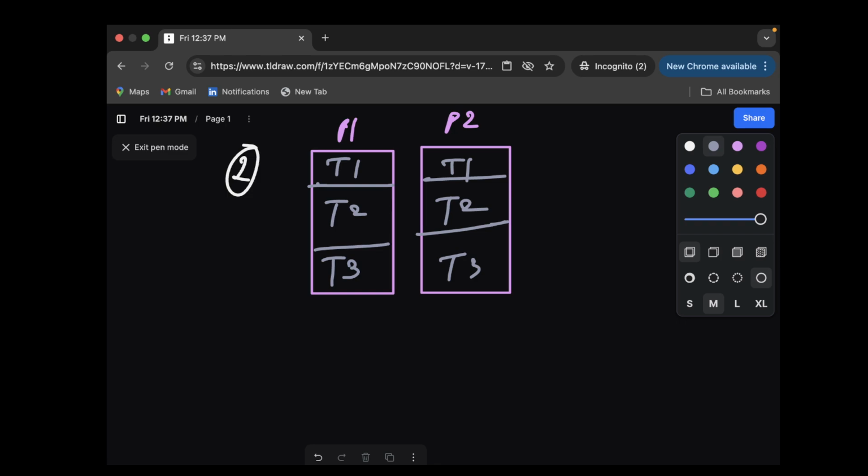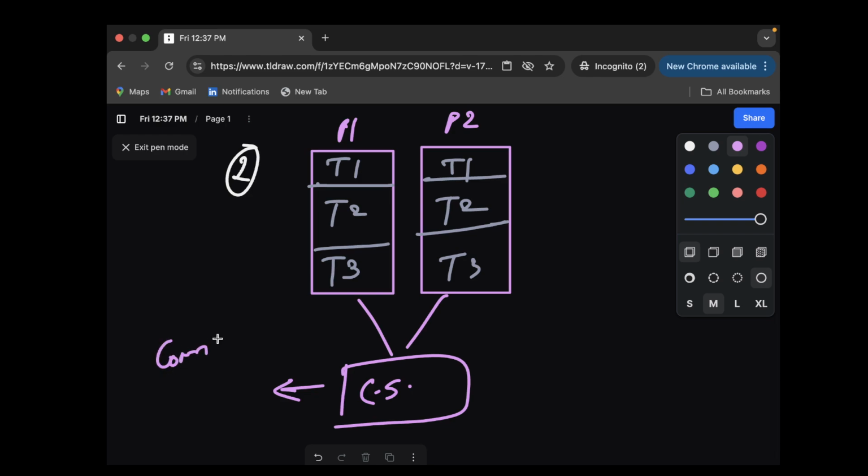Now what problem is going to happen is, P1 and P2 access a critical section. Basically this is a common file, right? So what if thread 2 and thread 1 are trying to access at the same time?